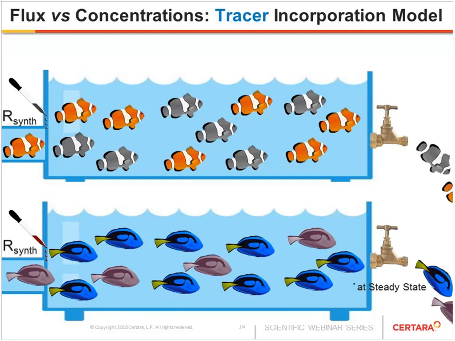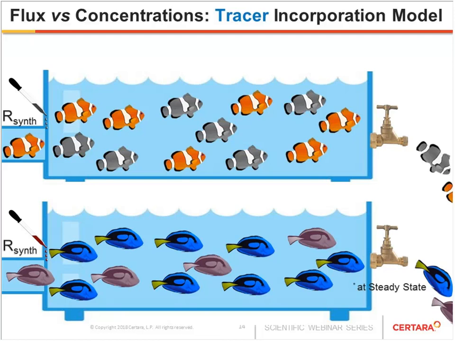I was trying to make an analogy to the fish tank analogy, and I believe it would be analogous to being able to color some of the fishes that go into the tank from the source, from the place where they originate. So let's imagine we could do that. We would achieve a similar effect.